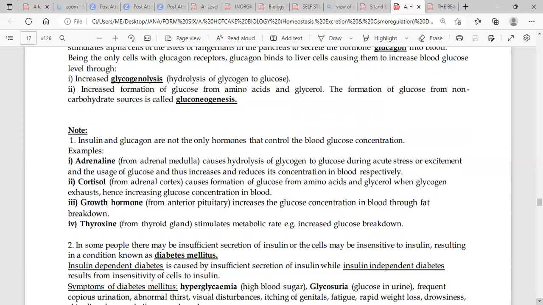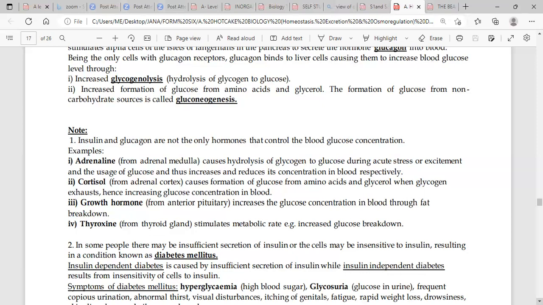You will have continuous accumulation of glucose. This results in a condition known as diabetes mellitus. We have two types of diabetes mellitus: insulin-dependent diabetes caused by insufficient secretion of insulin, whereas we have insulin-independent diabetes, which results from insensitivity of the cells to insulin.